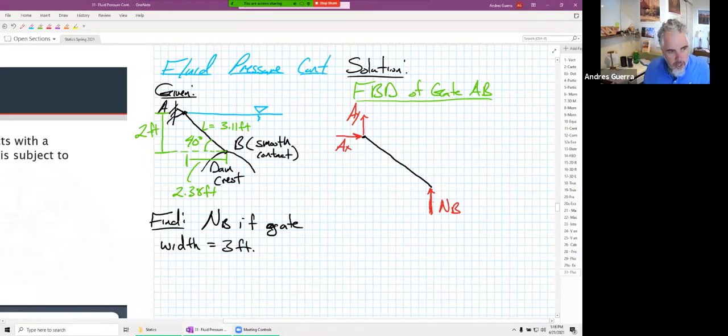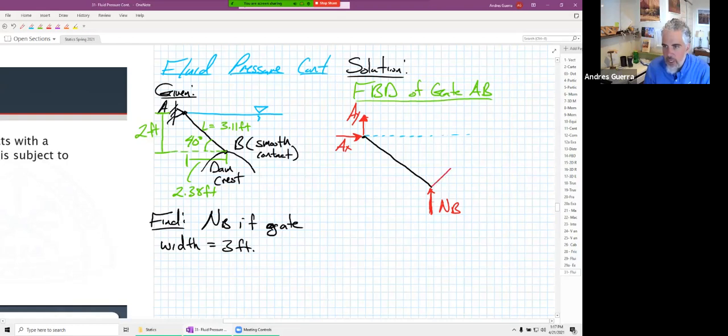If this were on homework or something like that, we'd probably give you a little bit more information than I've given you here. But since we can talk through it together, we can just assume that that information was given to us. So our water surface is right here, right? It's right at the top of that gate. Now, even though we have a sloping gate, we can still calculate the pressure right here at point B, because we know that it's 2 feet below the surface of the water.